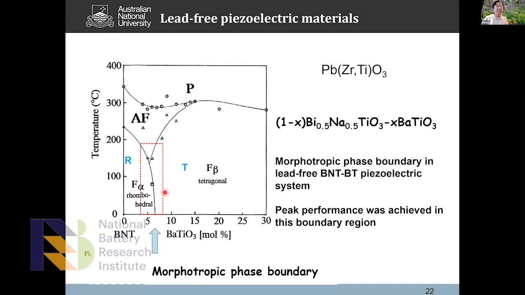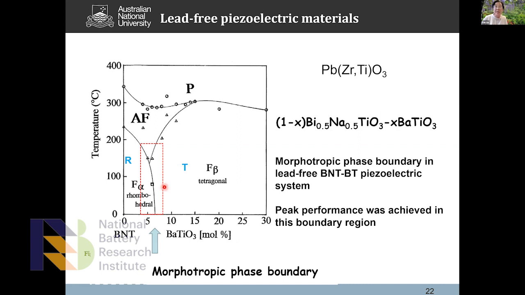But if we systematically change the chemical composition, you wouldn't expect a lower symmetry phase to stay between two stable high symmetry phases. That doesn't make sense. So that actually drew our attention many years ago to try to investigate what's going on here.